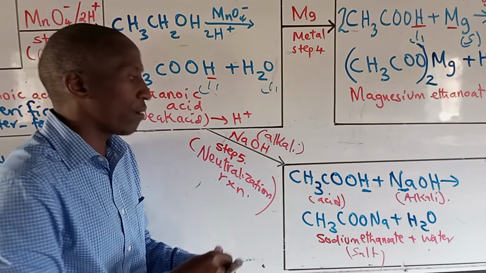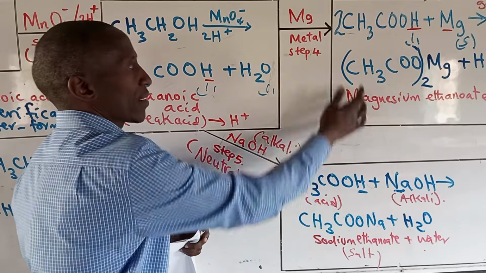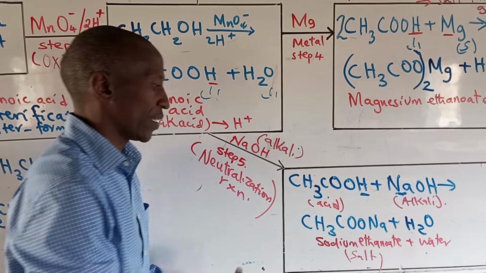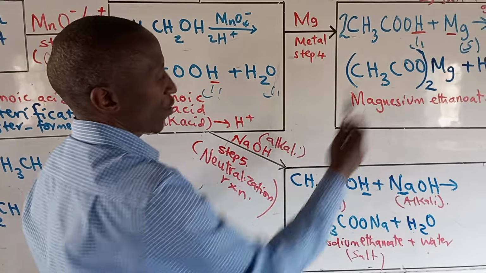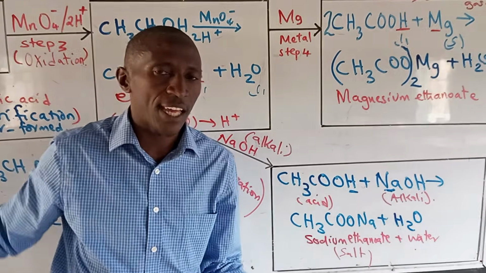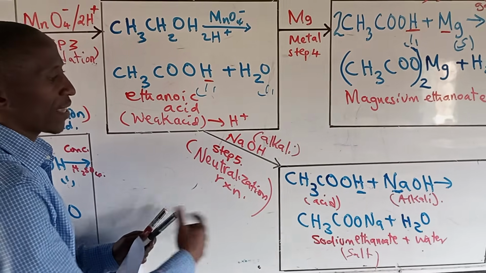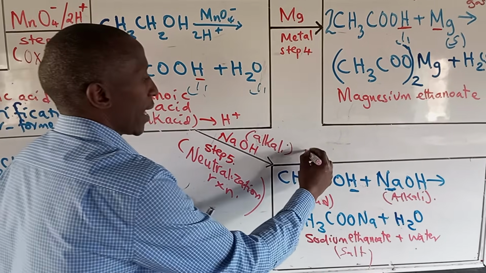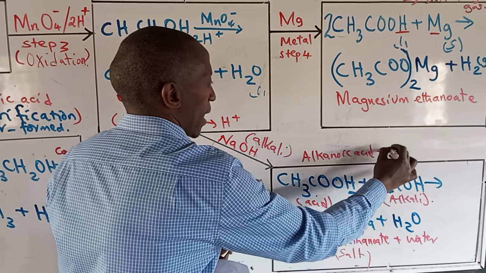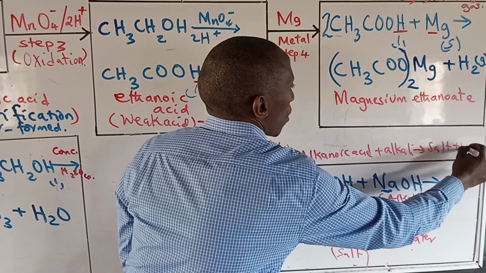So it is also important to notice that in both cases an ethanoate is formed from the reaction, unlike when we saw the ethoxide. And generally we can make that conclusion whereby we say an alkanoic acid and an alkali form a salt and water.